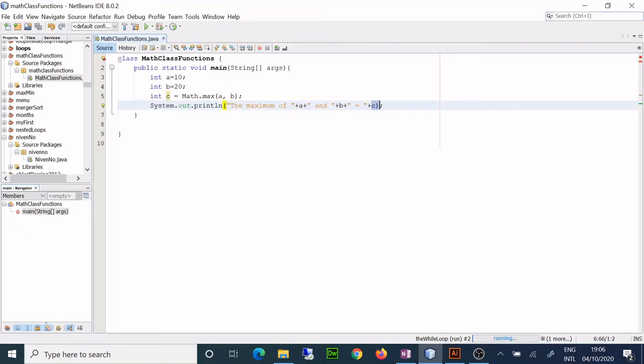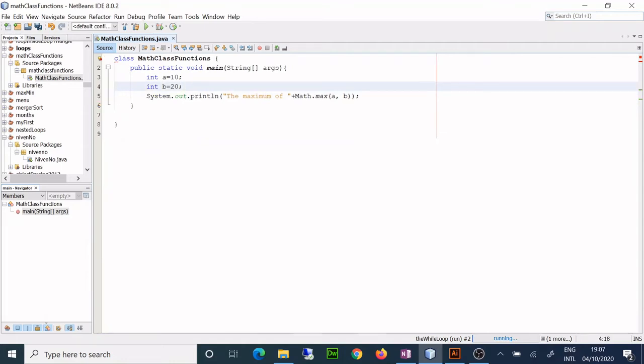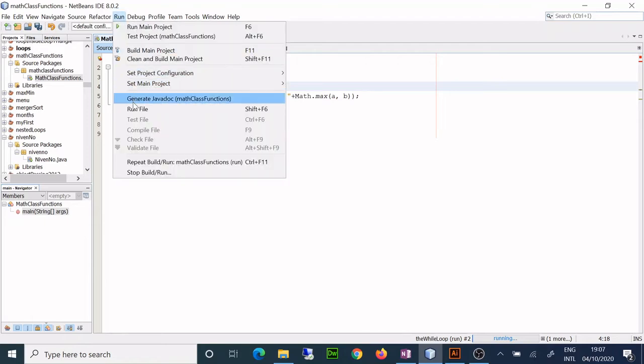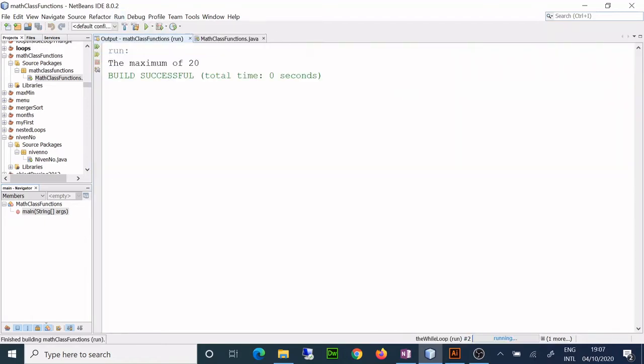So this is indirectly how I've done it. You can do it directly as well. You know what directly means? You can directly write this inside the method. So I'll copy it, and I can write it here straight away, and I'll remove this, I don't need it. So if I run, see the maximum of 20.